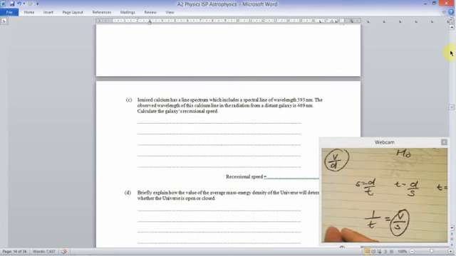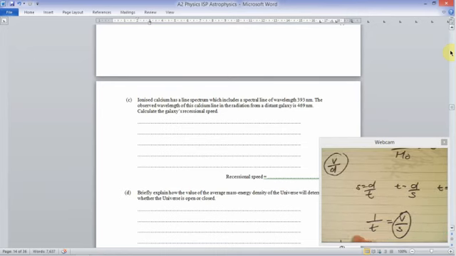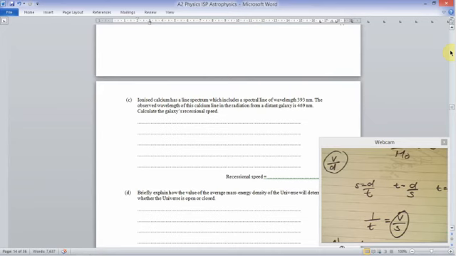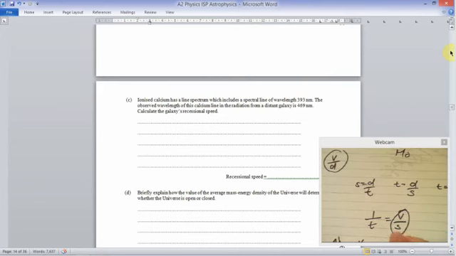This was on the equation list I showed you earlier: change in wavelength over wavelength is equal to v over c. So you want the recession velocity, so v is equal to change in wavelength over wavelength times c. I'm just going to whack that through my calculator to give you guys an answer.